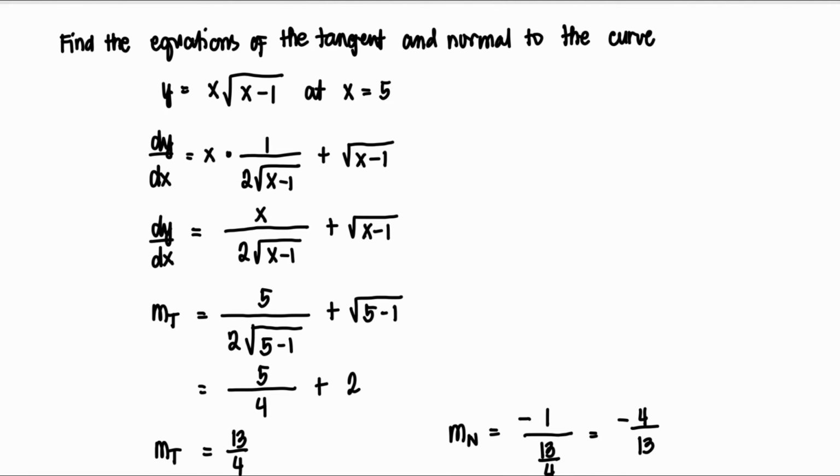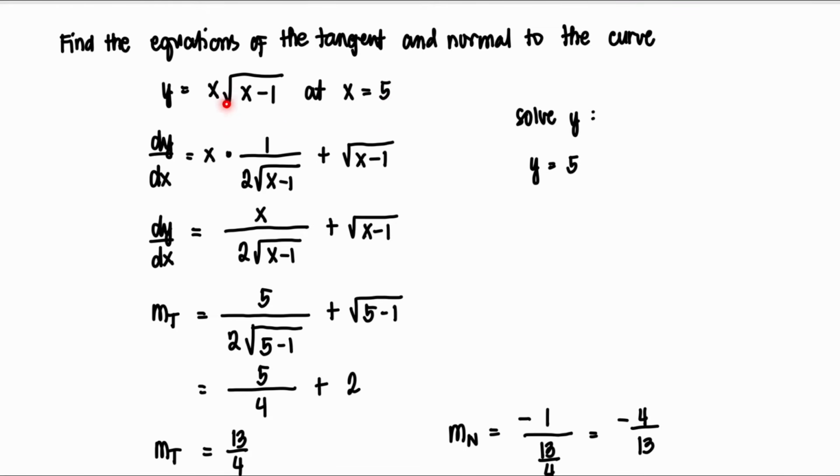So once you have the slope, earlier we directly used the standard form of the line. However, we only have x here, so we need to solve for the value of y. So solving for y, x is equal to 5 because we already have the value of x.